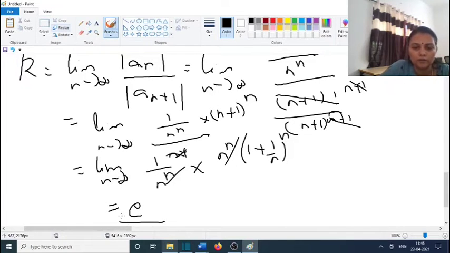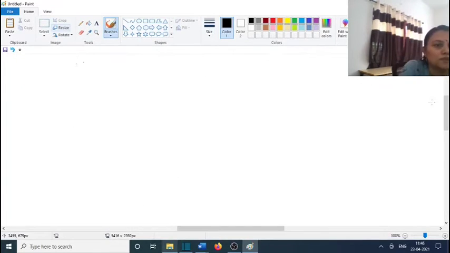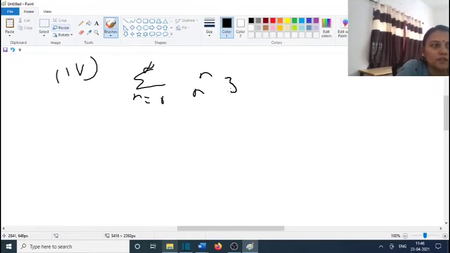Now we have the fourth problem. The fourth problem is the sum from n equal to 0 to infinity of n raised to n, z raised to n. Here the power is there, so a_n is equal to n raised to n.